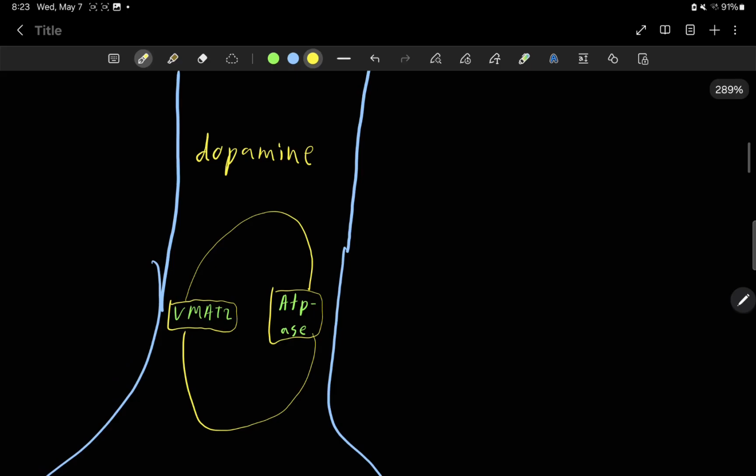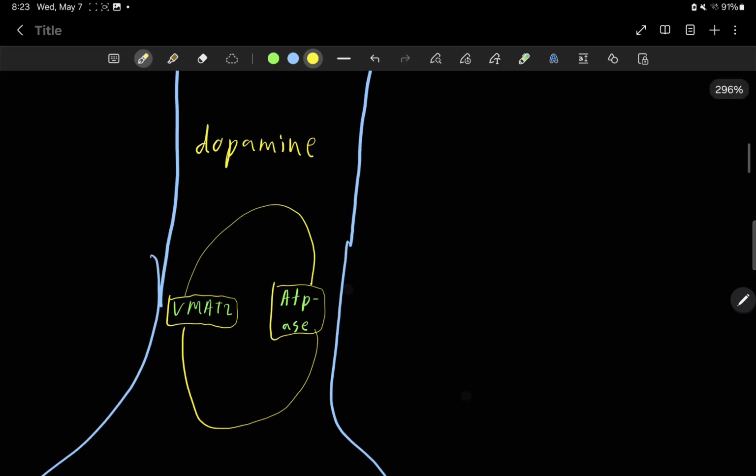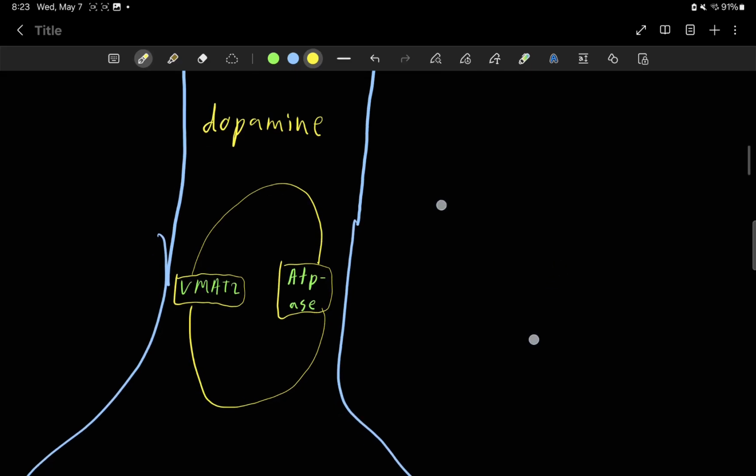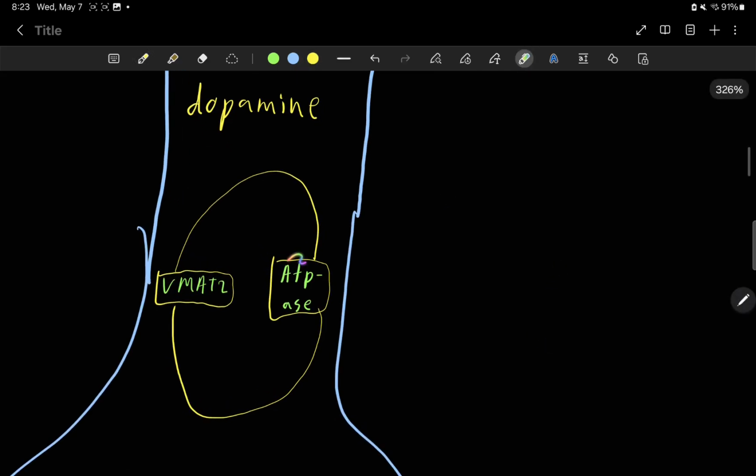So now you have your dopamine, and basically the way that these enzymes work together to pump dopamine into your vesicle, this first enzyme, ATPase, what it does is it pumps protons into your vesicle. So you have protons floating outside your vesicle, and ATPase pumps these protons into your vesicle.